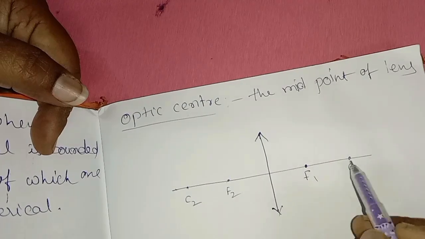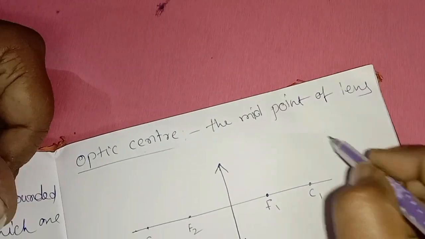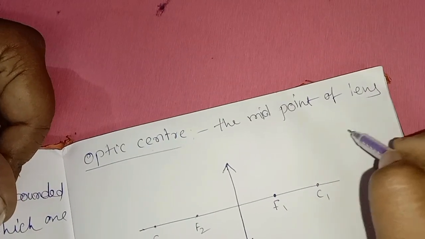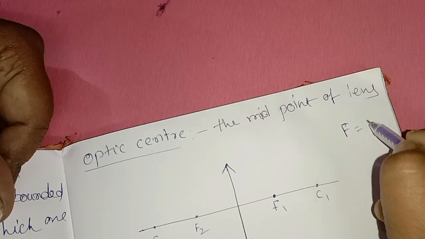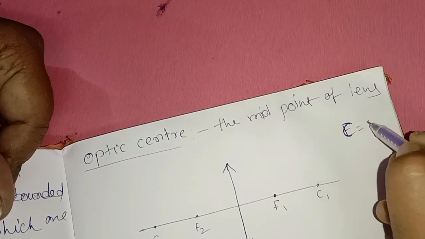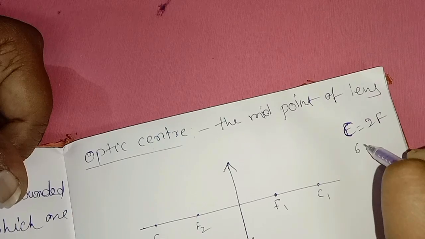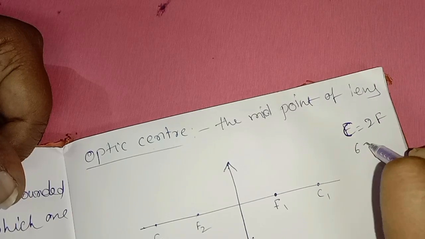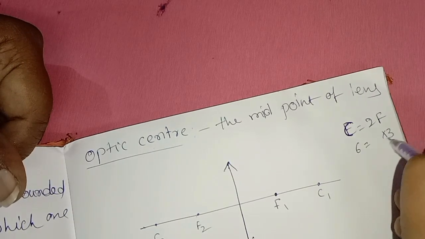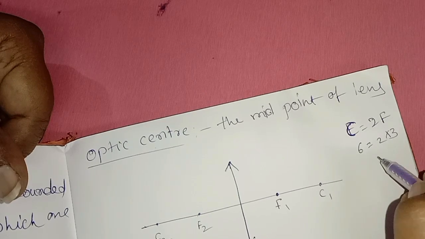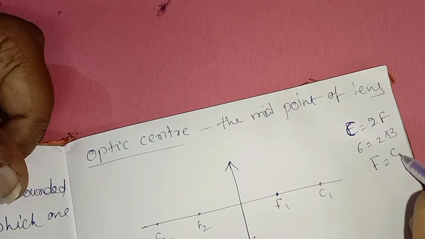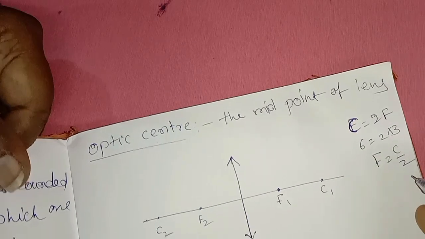Okay. Again, there is a relation between F1 and C1. What is the relation between C and F? F equals to, sorry, C equals 2F. Suppose your center of curvature value is 6. F value should be 3 only, right? Or F equals C by 2.